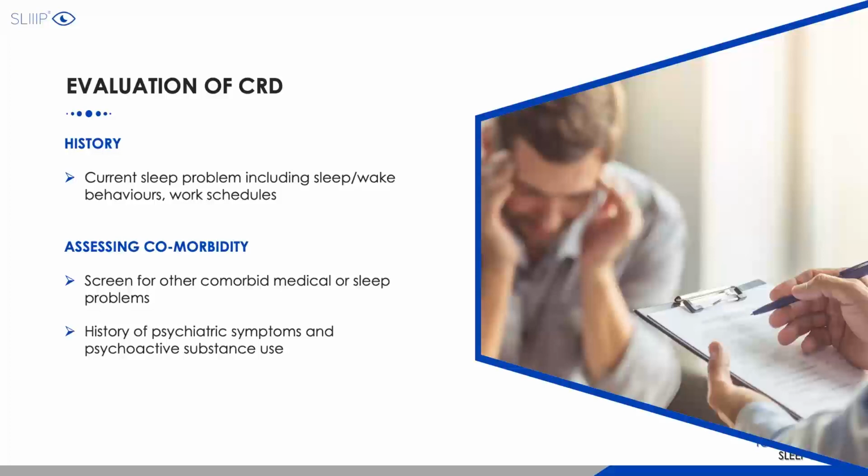The next thing is psychiatric symptoms, because a lot of these symptoms of psychiatric disorders include low energy levels, fatigue, inability to motivate themselves, early awakenings at night, for example.